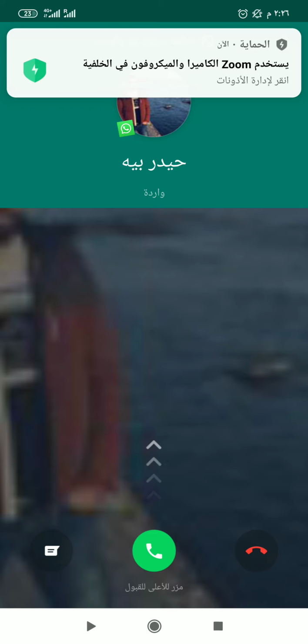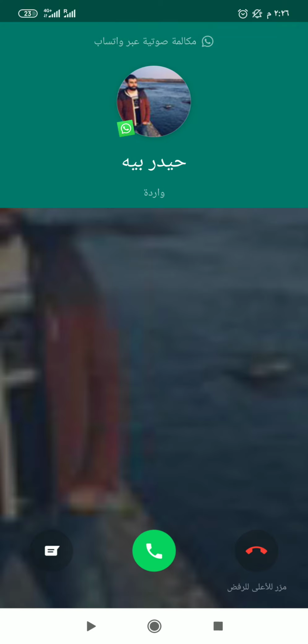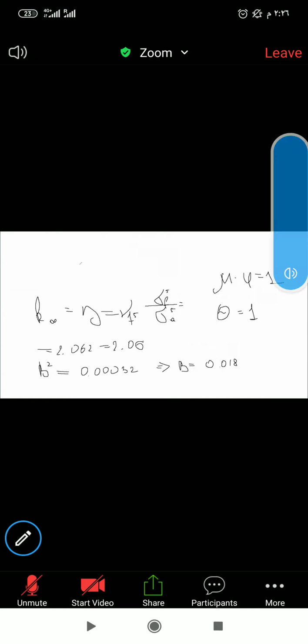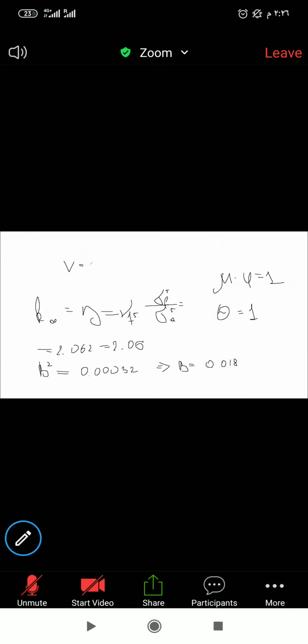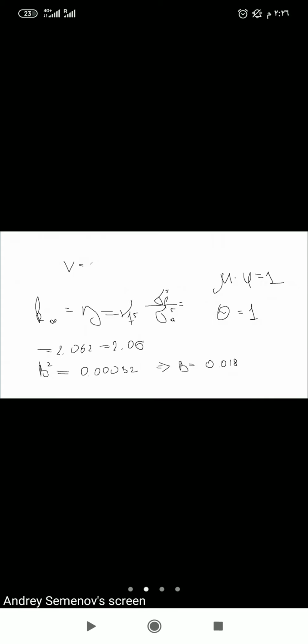The next option, it's necessary to calculate volume. The volume will be 130 divided by b cubed. Volume will be 2.2 multiplied by 10 to the power 7 cubic centimeters. And radius finally will be 174 centimeters.